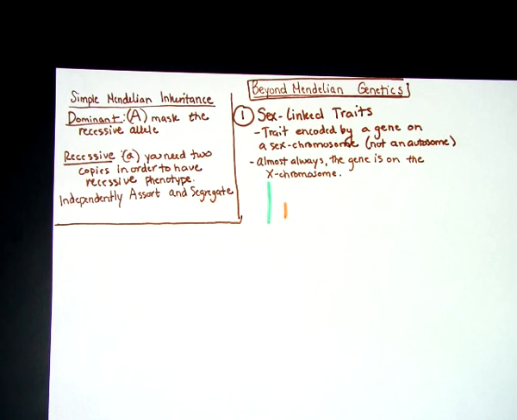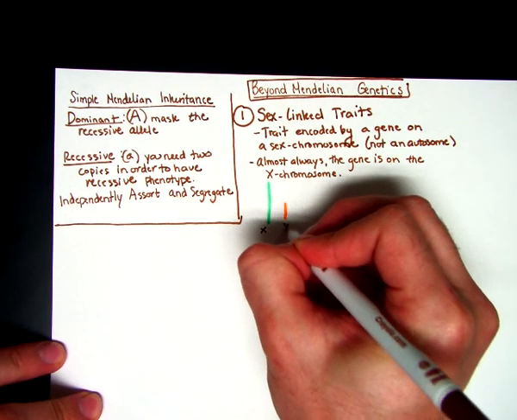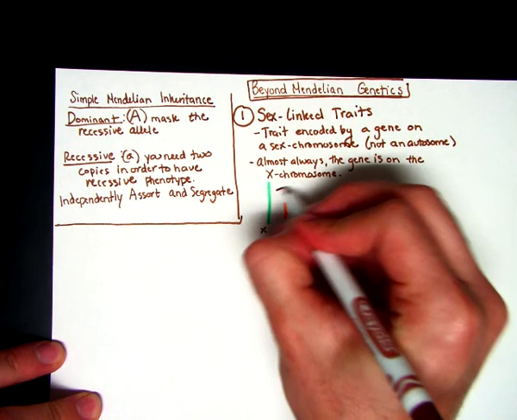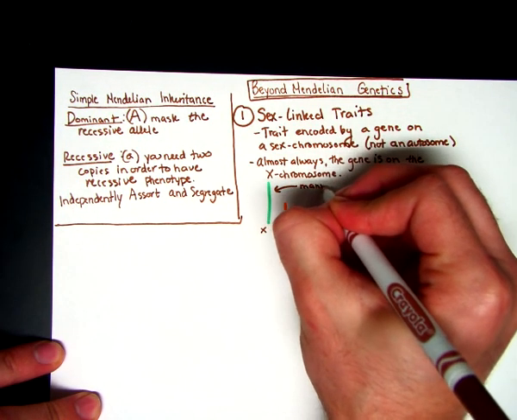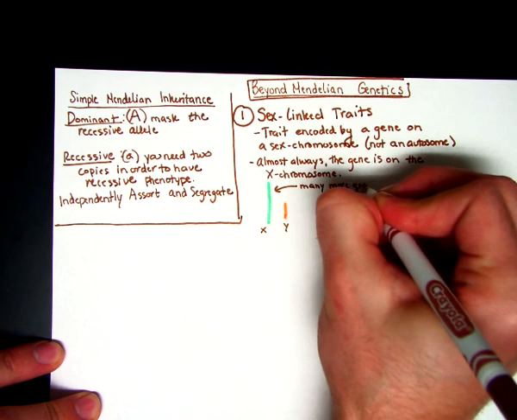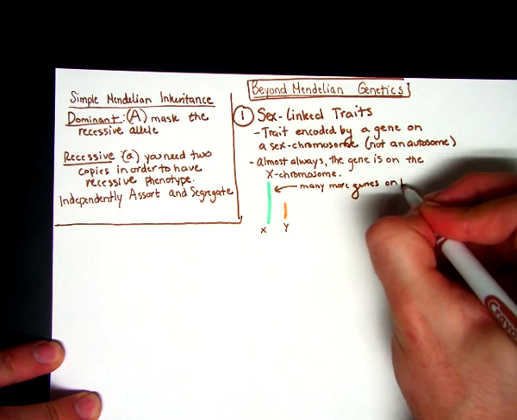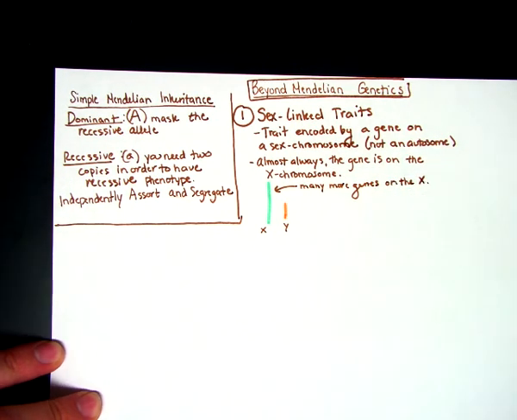So they actually don't look like the autosomes, which are in these pairs that are equal size. And so just by being larger, there are many more genes on the X.